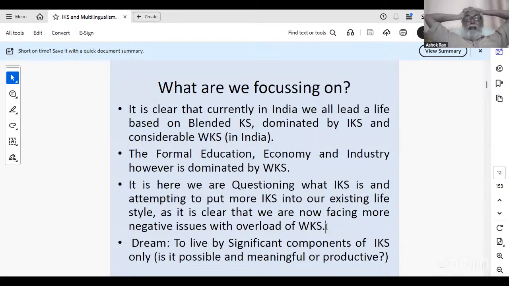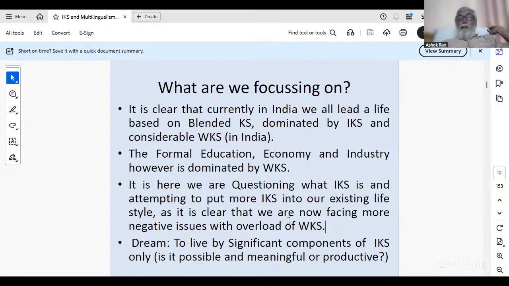Pizza has come as a new thing, even though I had tasted it 40 years back when I went to the US. But not many realize pizza is one of the world's worst foods. Unhealthy, it causes many more problems in the long run. But a large number of Western knowledge system components have a lot of visibility initially.